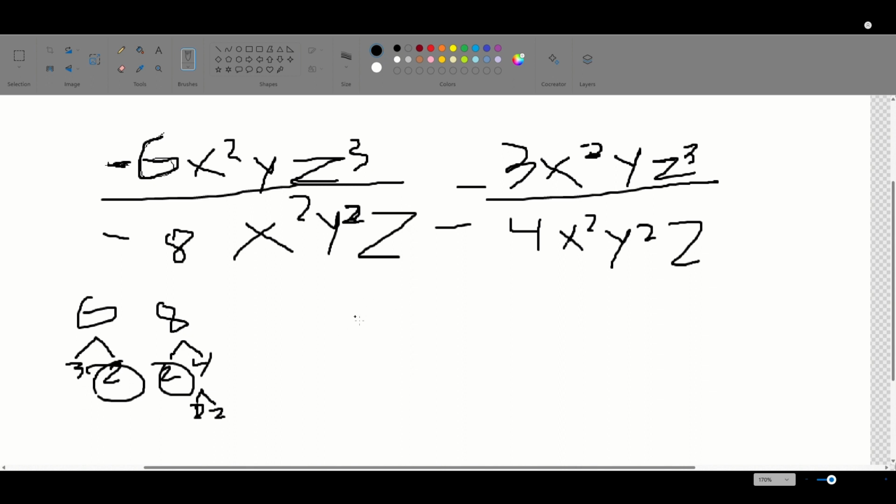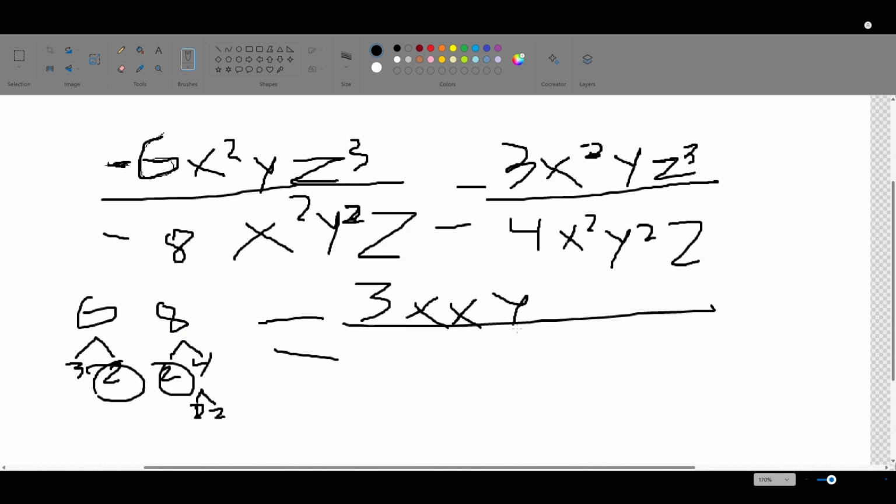And we're gonna simplify it again. So instead of x squared, we're gonna take away the exponent, so it would be x, then y, then z, z, z.